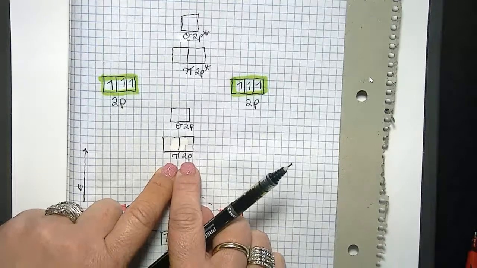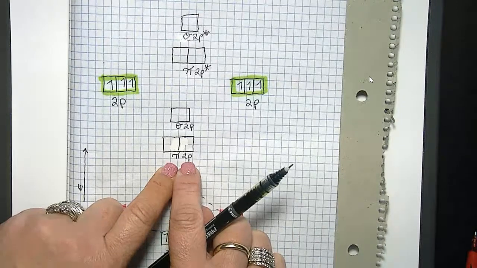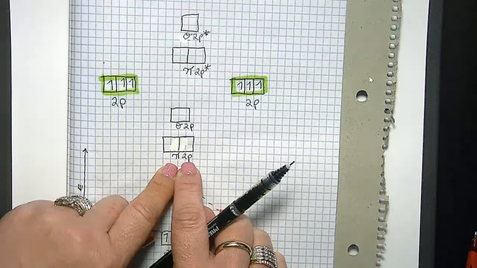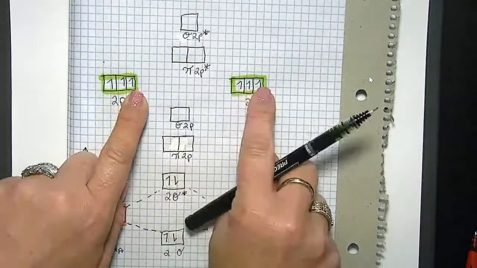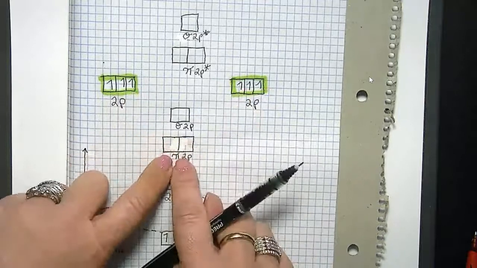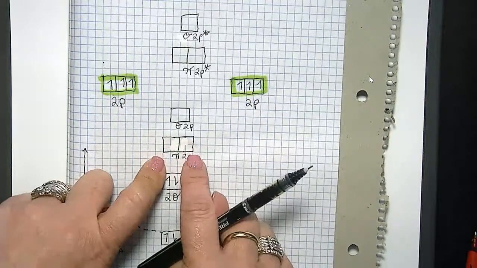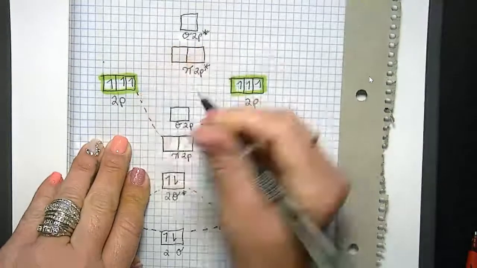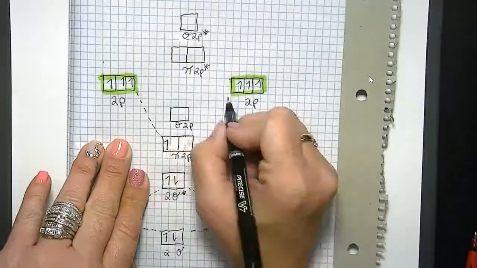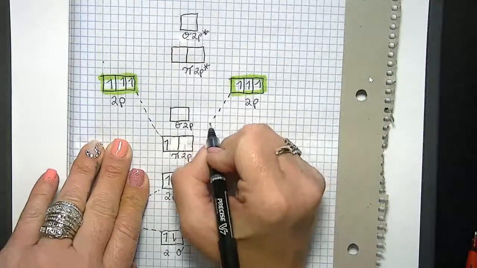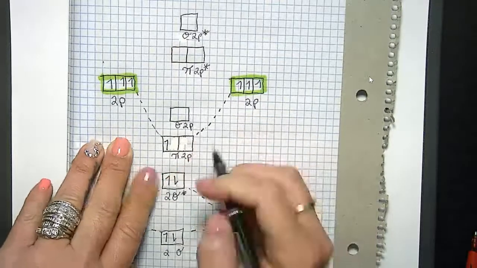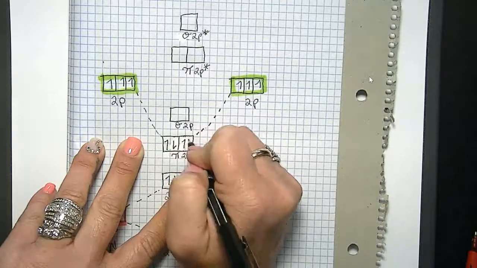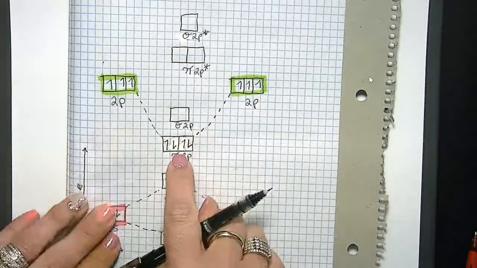How many electrons can a p orbital hold? 6. So I got 1, 2, 3, 4, 5, 6. These are all going to go in here. Why didn't I put 6 in here?